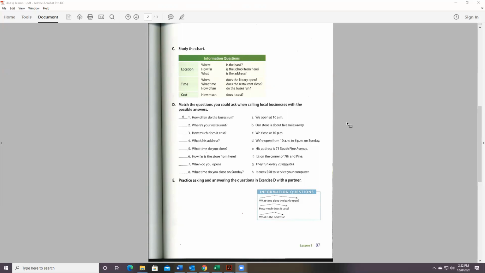All right, so let's look at D. It says match the questions you could ask when calling local businesses with the possible answers. For example, number 1, how often do the buses run? Our answers, G, they run every 20 minutes.